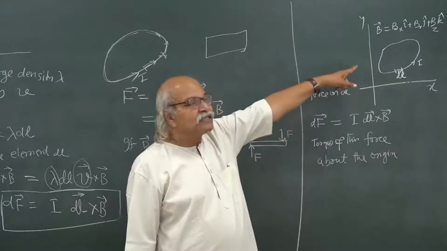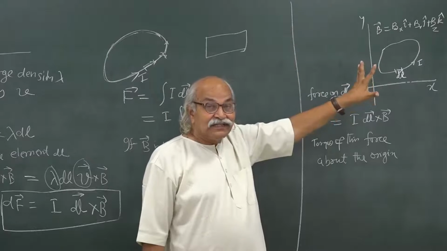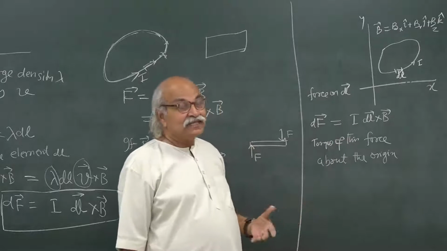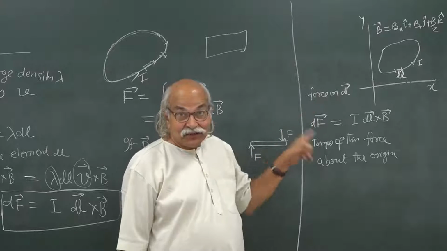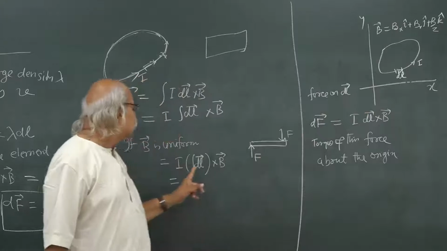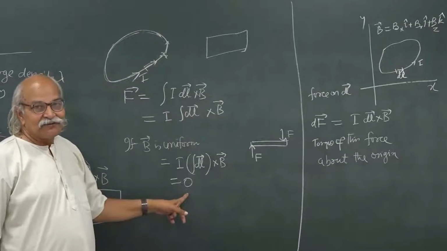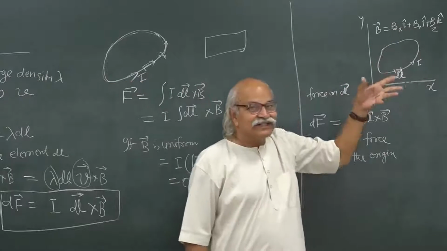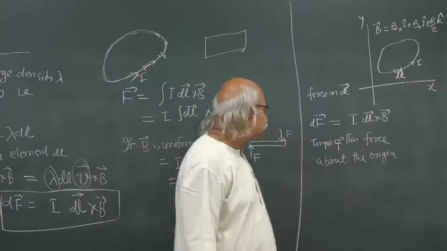If the net resultant force is 0, then the torque is independent of origin, but if it is not 0, then the torque depends on which point you have chosen to calculate that torque. So, here we are choosing origin, but since on a closed loop the net force is 0, even if you take origin somewhere here or here or there, it will still be the same. So, we calculate it about this origin.